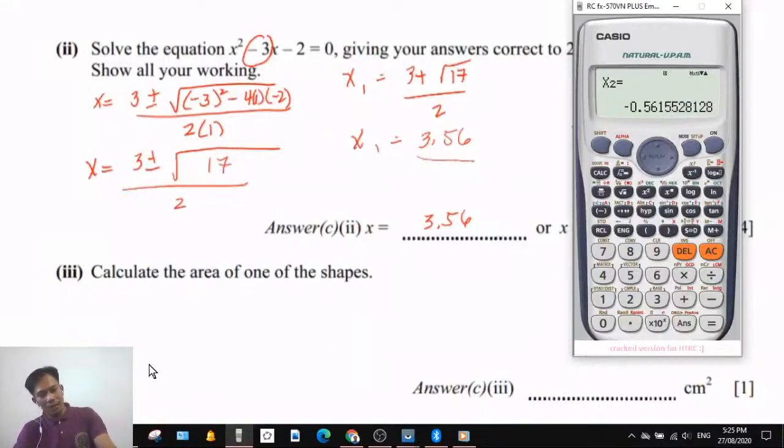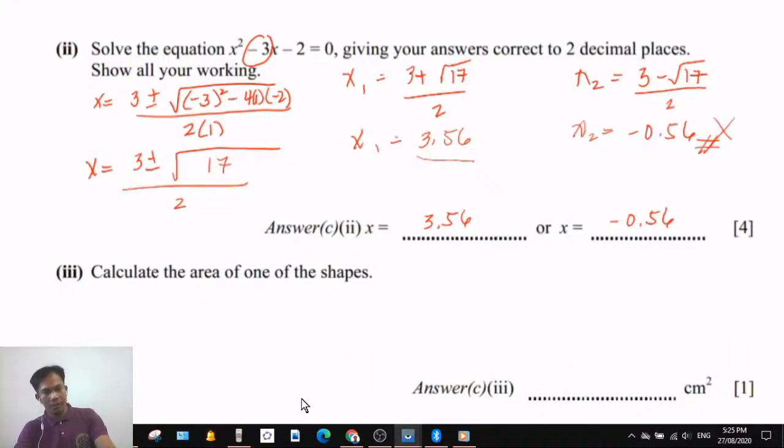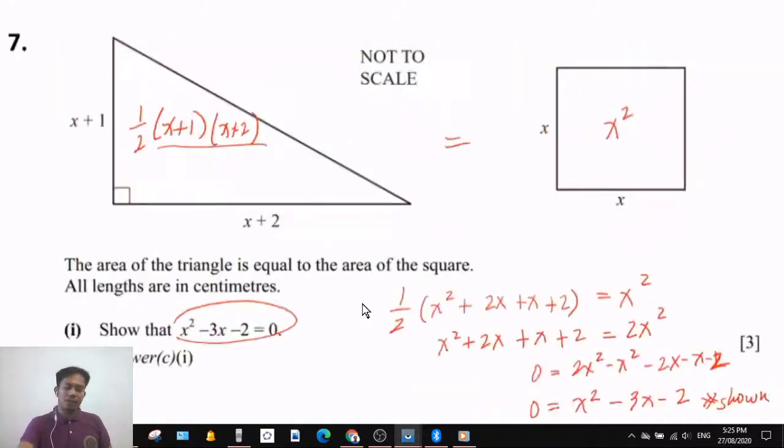Okay, the area of the shape. Just square the 3.56. The area of the square is equal to the area of this. So the x is 3.56 already.